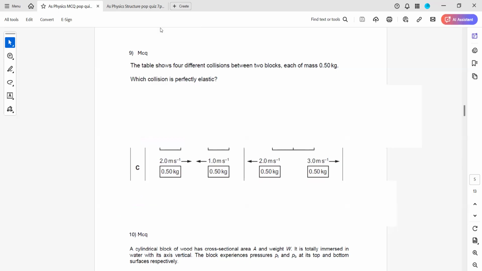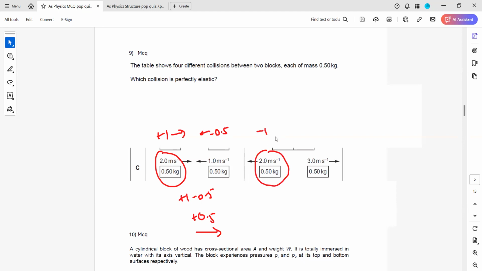For example, if the right-hand side I'm taking as positive, what is the momentum here? 2 into 1, which is 2, towards the right. So I take it as positive. 1 into 0.5, which is 0.5, but it is in the opposite direction, so I'll call it negative. What is the total of plus 1 and minus 0.5? I will get 0.5 positive, which means it is towards the right-hand side. In the same way, this is opposite, so 2 into 0.5, minus 1.